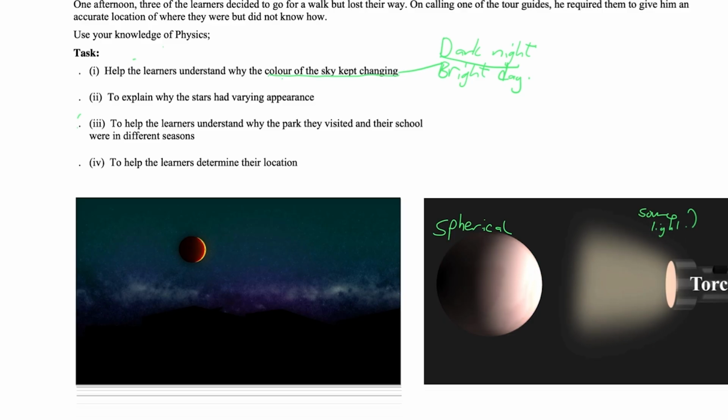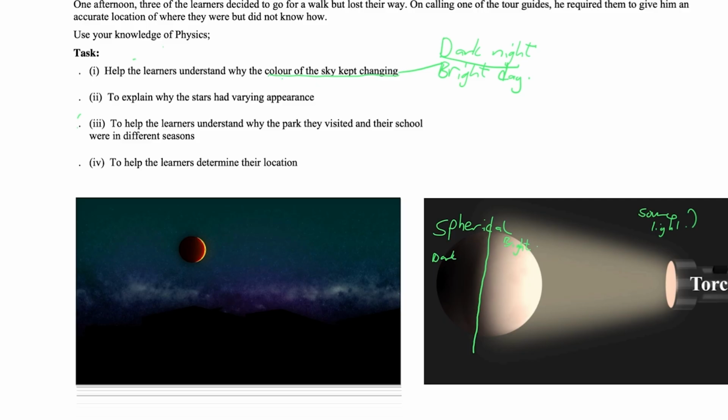Now, when we cast light on a spherical body and divide it into two parts, we see a part that is dark and a part that is bright.